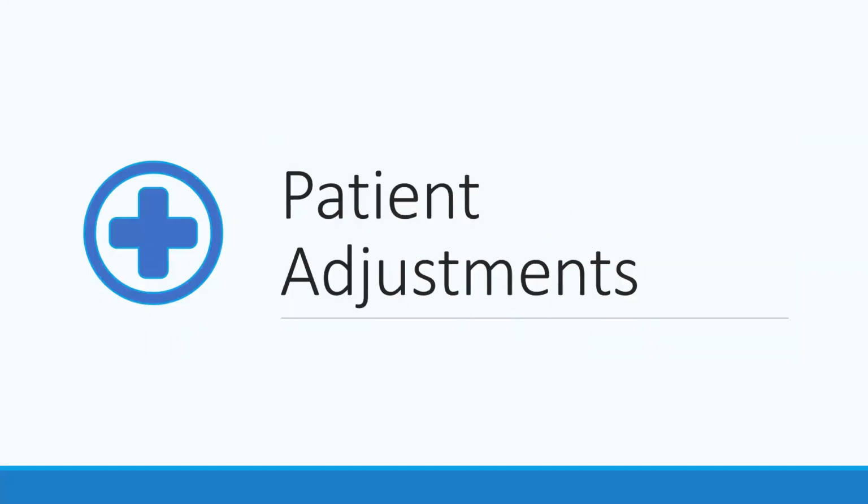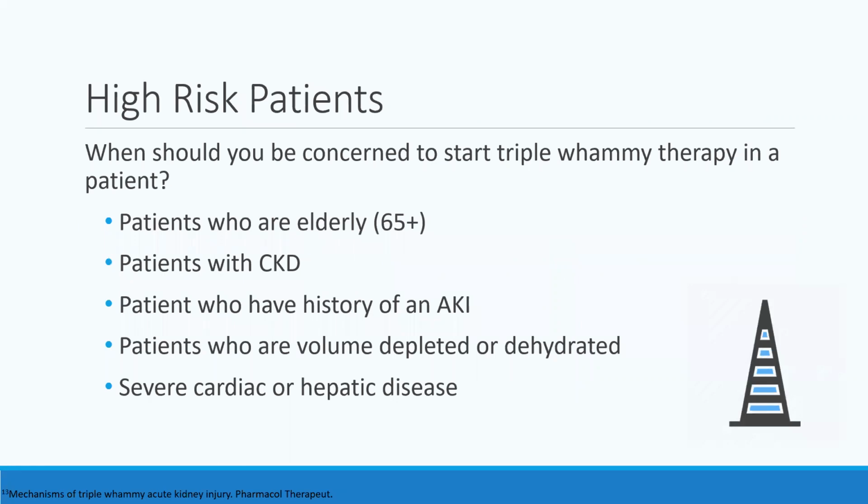So to avoid this happening in our patients, we have to look at who would be high risk. So when should you be concerned about starting triple whammy therapy in a patient? Patients who are elderly, patients with CKD or history of renal issues, patients who already have a history of an AKI in the past, patients who are volume depleted or dehydrated, and patients with severe cardiac or hepatic disease.